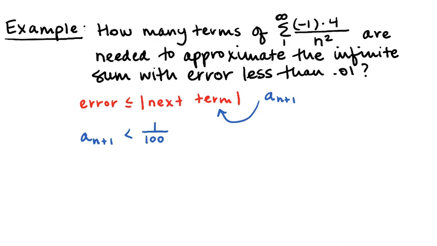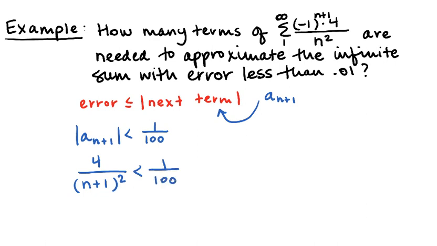Oh, I see that I don't have an index up here. I'm just saying n plus 1. But the absolute value of a sub n plus 1 will make that irrelevant. So I'm going to say the absolute value of a sub n plus 1 is going to be 4 over n plus 1 squared, being less than 1 over 100.